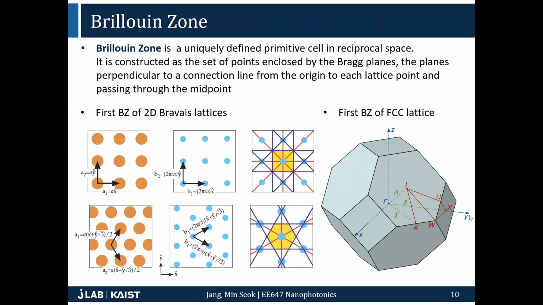So if you want to draw your full band structure, you should draw omega as a function of kx, ky, and kz, right? It's like a 4D plot, which is, you know, difficult to draw.